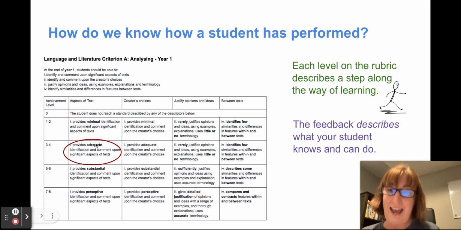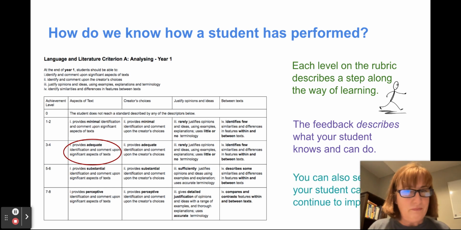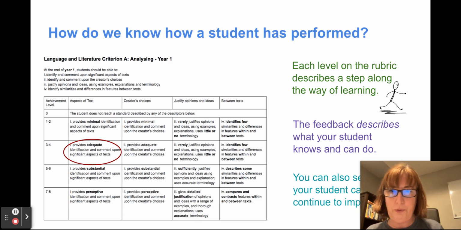Can they also provide adequate identification? Can they provide substantial or perceptive? Once I get to a spot where it's like, well, I don't think they were perceptive, then I might go back up and say, all right, then they are substantial. And in that way, that's how IB is really strengths based. It's not a deficit based, but an asset based system. We look at what they can do and then go from there. You can also see how your student can continue to grow and improve.